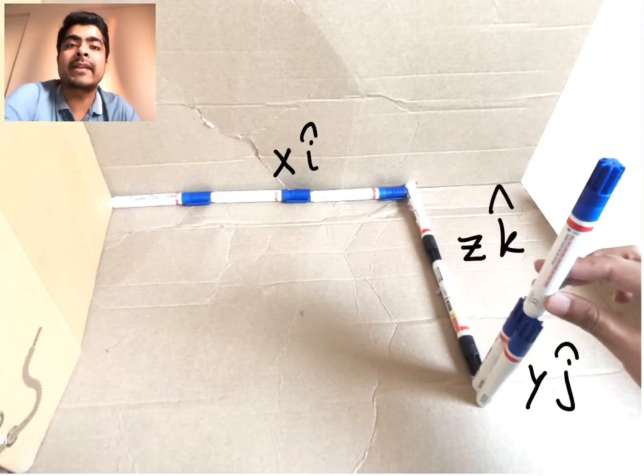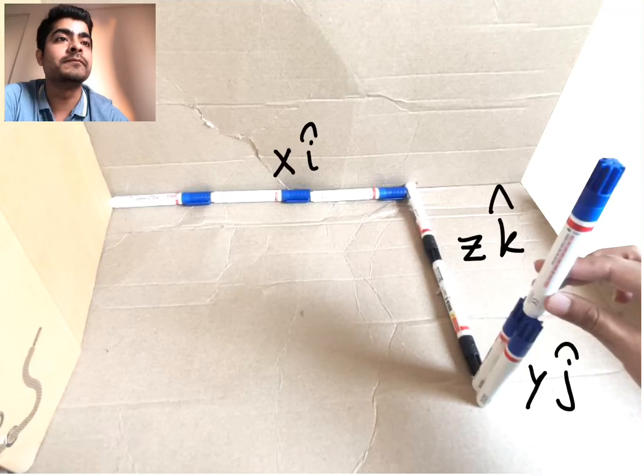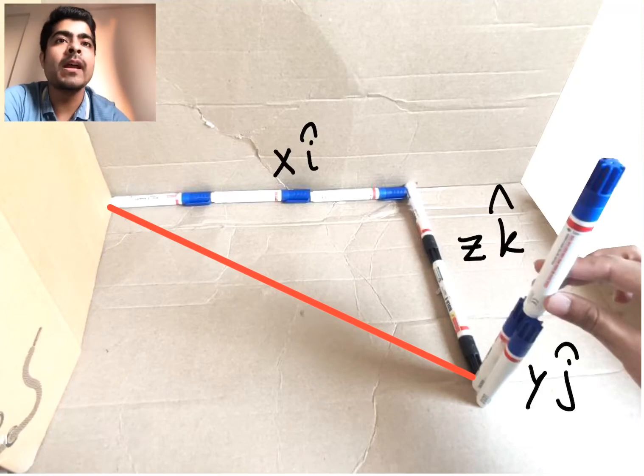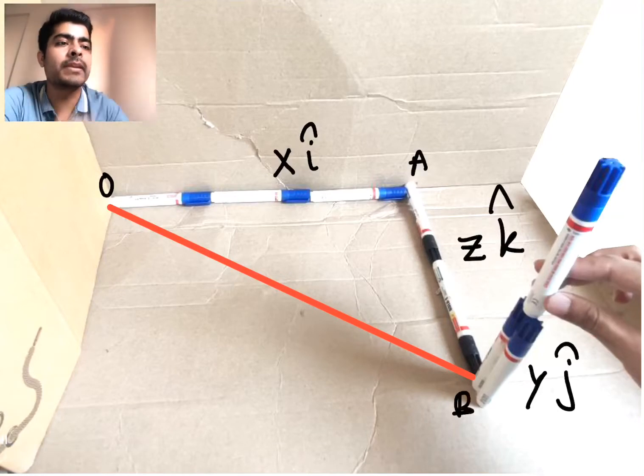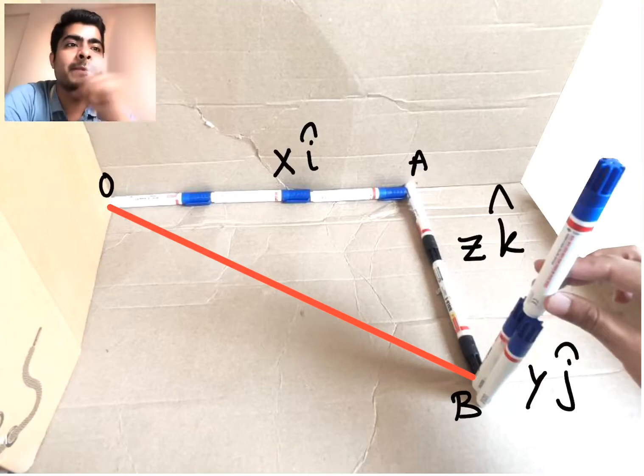Now how to find the magnitude of the 3D vector? First of all, let's draw a line over here. Now look at this whole triangle. Let's name this triangle OAB.